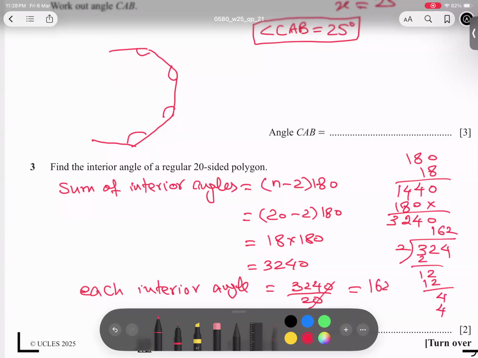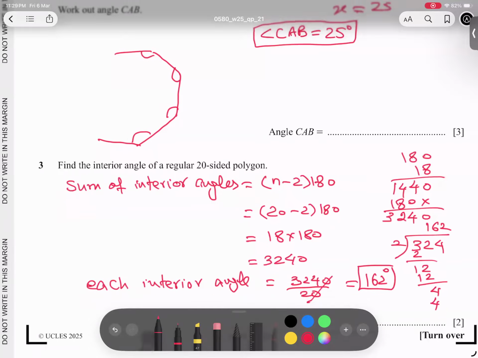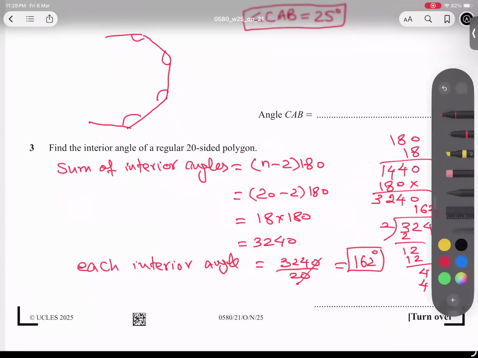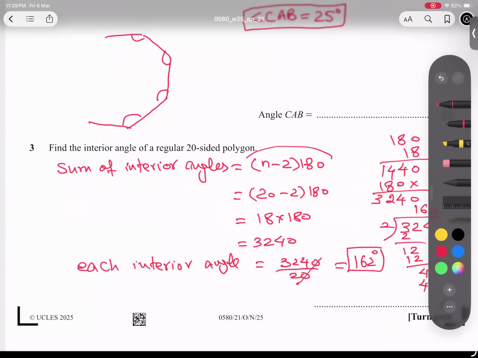So 162 is our final answer. I hope the concept is very clear. And we have a direct formula, even if you don't want to use this one, so this is the indirect formula. And what is the direct formula? This is the formula: the sum of the interior angles divided by n, not 20, because 20 is the number of sides.